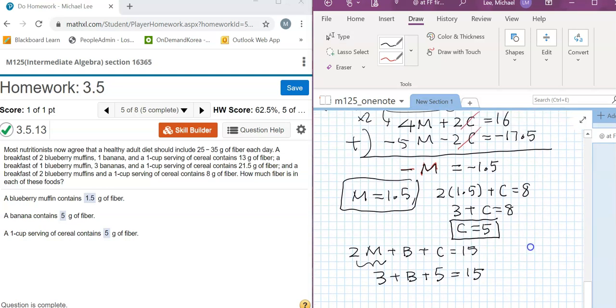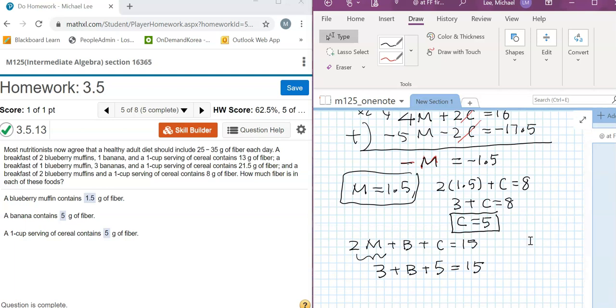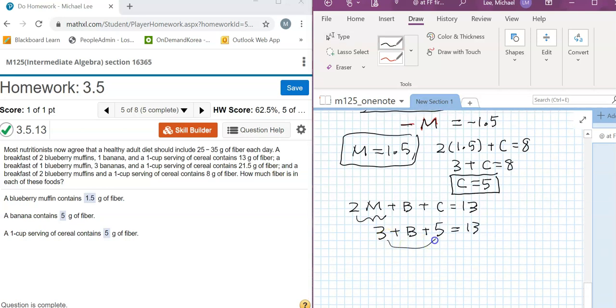Yes. 2 muffins, 1 banana, 1 cereal. Oh, not 15, 13, wrong number there. So this is 13. So now, this is already 8, isn't it? 8 plus b is 13. B is 5. Okay. So that is 5. Let's go to 6.